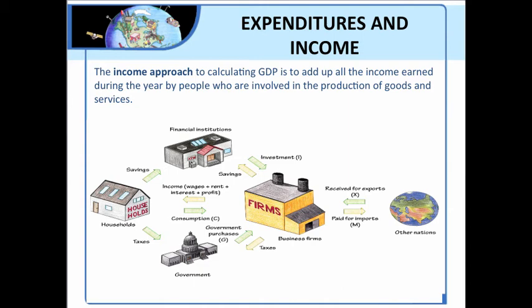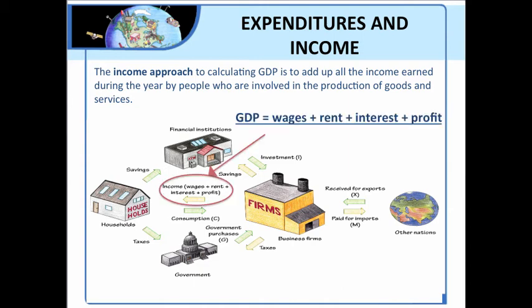As shown by the arrow pointing leftward from businesses to households, the spending becomes income for the households that supplied the resources for all that production, what we call the factors of production: land, labor, and capital. The income approach is to add the four main categories of income. Wages are paid for labor. Rent is paid for land, raw materials and natural resources. Interest is paid for capital.